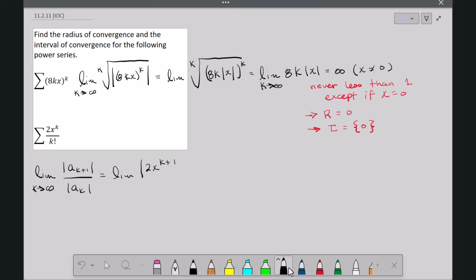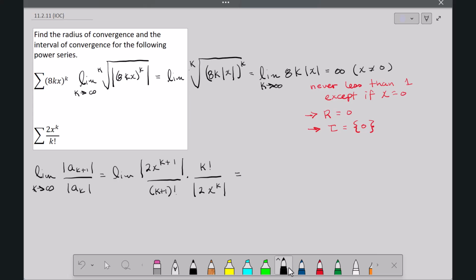That's going to be absolute value, divided by k plus 1 factorial. We don't need to put the k plus 1 factorial in absolute value because it's always positive. And then we divide by the absolute value of a sub k, which means multiply by the reciprocal of the absolute value of a sub k. Again, k factorial, don't need absolute values. Down here, we will need it because x could be negative.